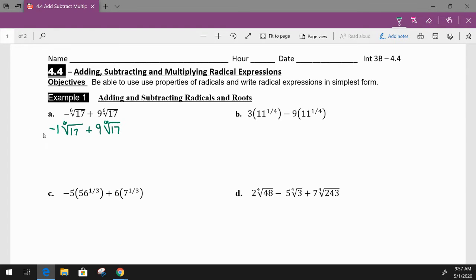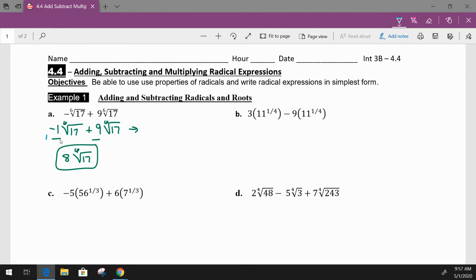So just like if you had a -1x plus a 9x, you would just simply add your coefficients. So the -1 plus 9 would be 8, and then just like the x wouldn't change, the sixth root of 17 doesn't change.